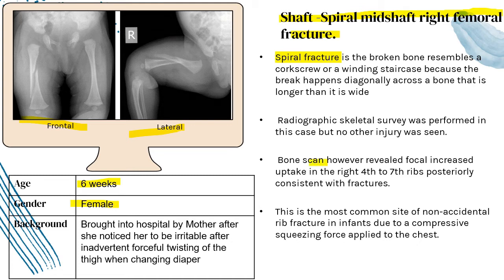But when the bone scan was performed, there was increased uptake in the right fourth to seventh posterior ribs, consistent with fractures. This is a common site for non-accidental rib fractures in infants, due to a compressive squeezing force applied to the chest.